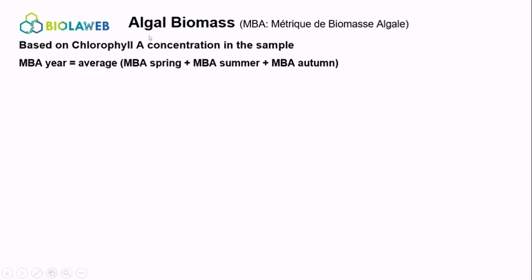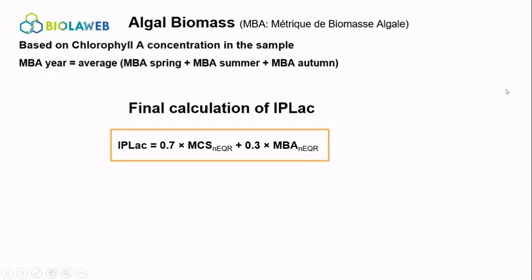The second metric is the algal biomass, and it's based on the chlorophyll A concentration in the sample. The year metric is an average of the 3 metrics of spring, summer, and autumn.